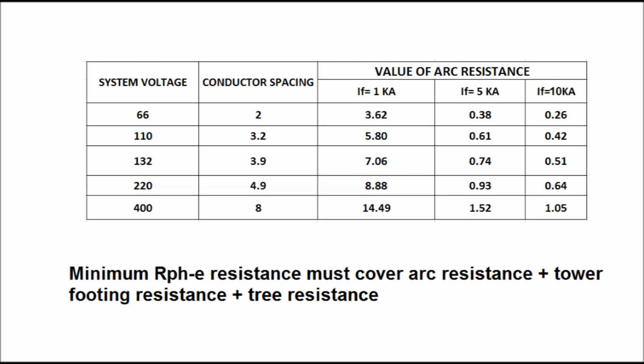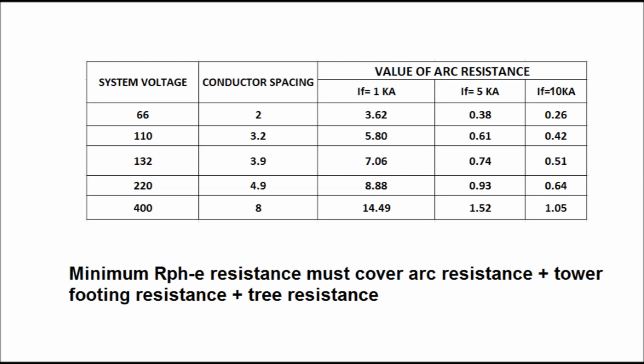That is why we have calculated as per the Van Warrington formula based on 3 fault current levels for different system voltage levels. For a 132 kV system, for fault current IF equal to 1 kiloampere, it comes as 7.06 ohm. If the fault current is 5 kiloampere, it is 0.74 ohm, and if the fault current is 10 kiloampere, it is 0.51 ohm.